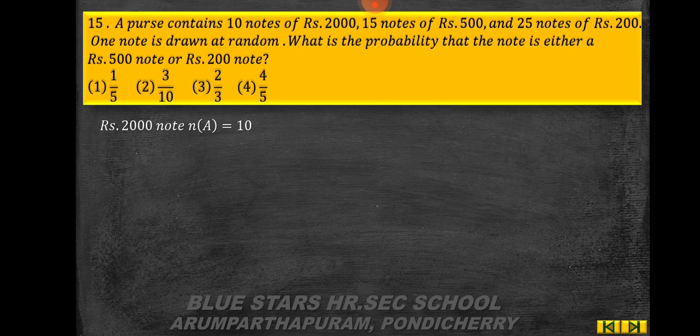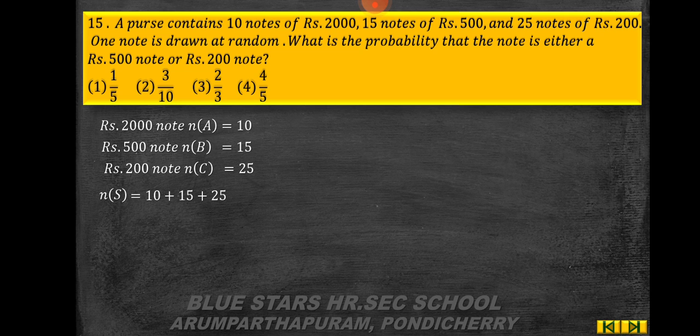So rupees 2000 note, that is n of A is equal to 10. n of A is nothing but the number of notes. Then rupees 500 note, that is n of B is equal to 15. And rupees 200 note, n of C is equal to 25. So n of S is equal to 10 plus 15 plus 25, which is equal to 50.